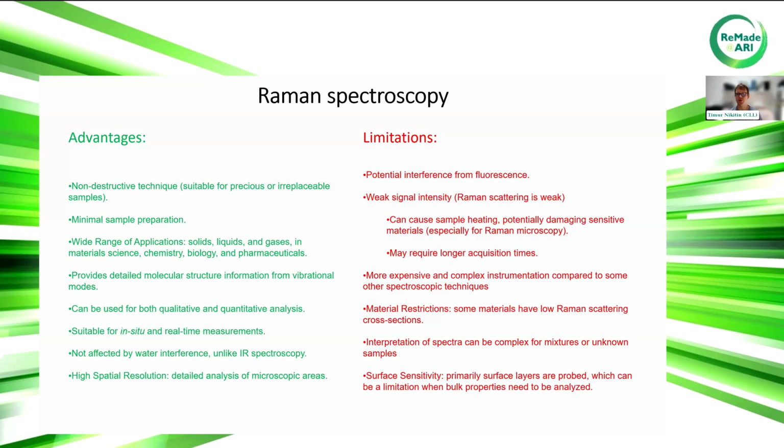But then, of course, we can use somewhat longer acquisition times. And we can also increase the power of the laser, but then we have to take into account that there could be some local heating, potentially damaging the material, especially for black samples, because they absorb more. The instrumentation is also a bit more complex and expensive compared to some other techniques.